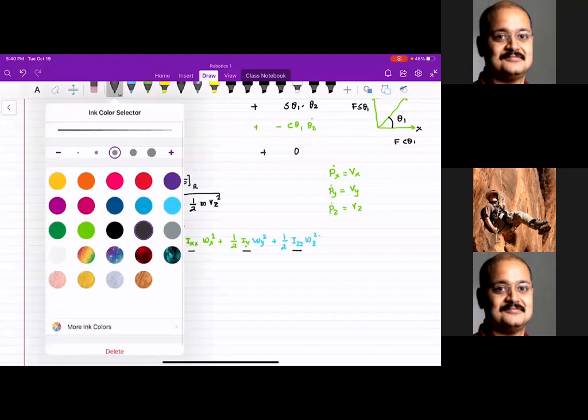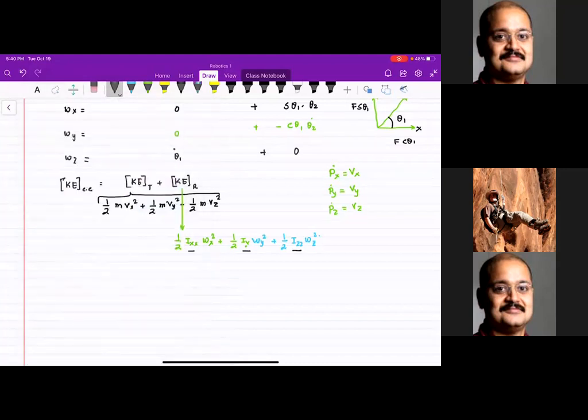Okay, so let me take one more problem real quick. This problem is similar to one we have solved, which is the spherical wrist. In the spherical wrist, remember we had a wrist like this.